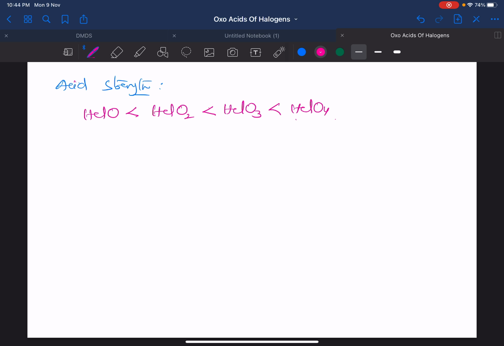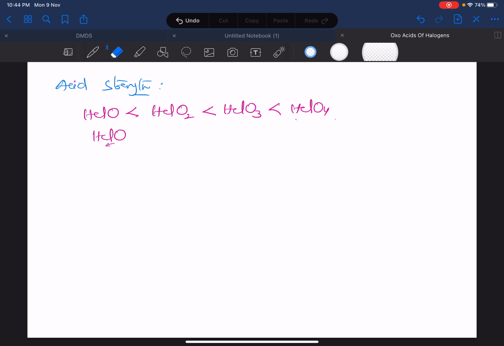Why? Because in HClO, hypochlorous acid, the bond between the chlorine and oxygen is strong. The electronegativity of chlorine is greater than oxygen, so it attracts the lone pair of electrons from the oxygen atom. When the electron density decreases over the oxygen atom, it strongly binds the hydrogen atom.